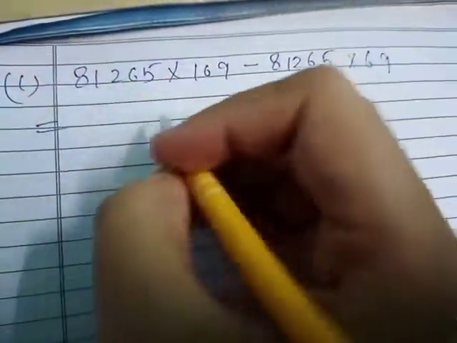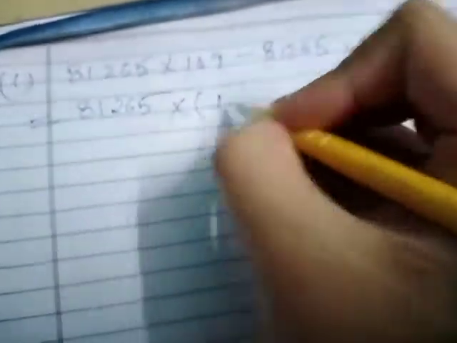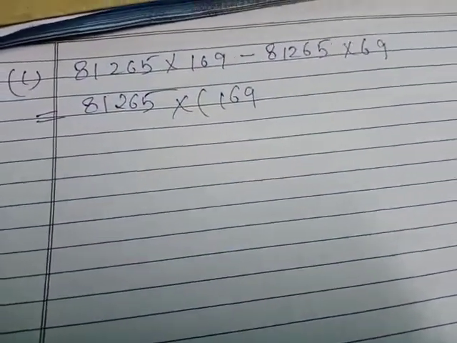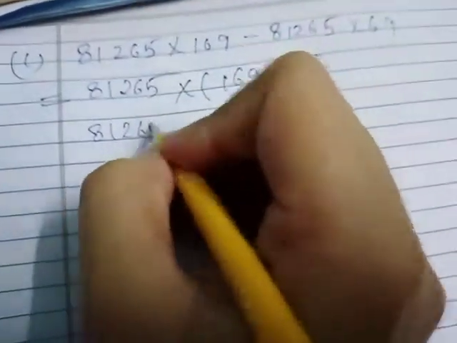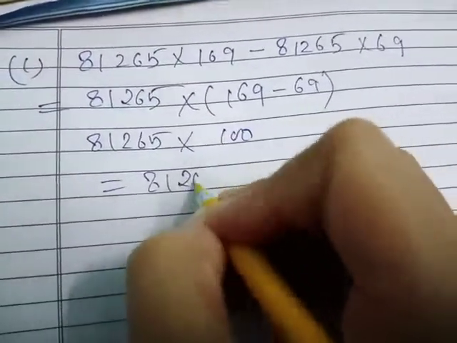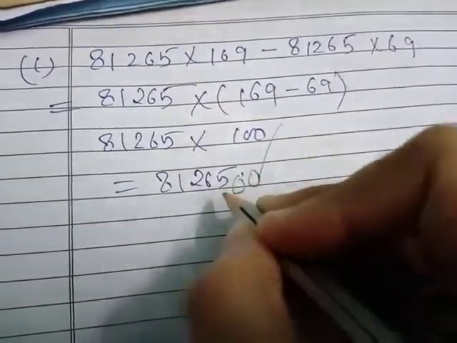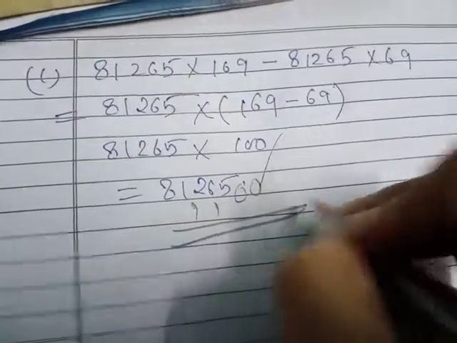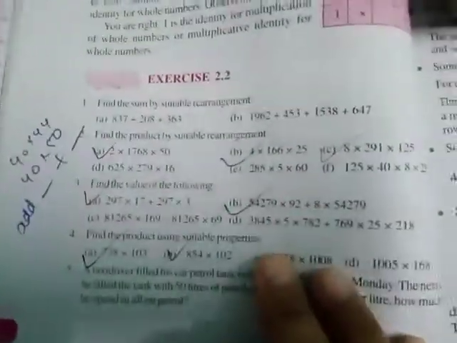If we see, we have 81,265 as the common number, and the remaining numbers, that is 169, we need to subtract 69 from this, right? Then 81,265 into, it will become 100, and the answer will be like this, 81,26,500.